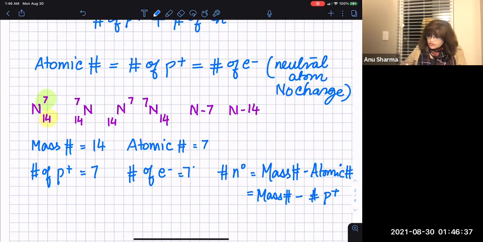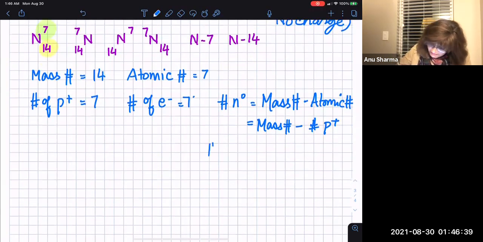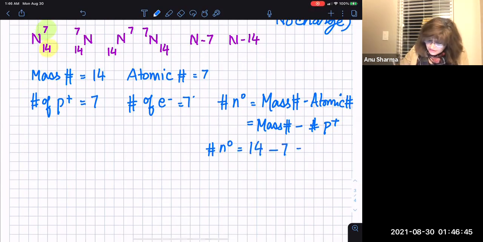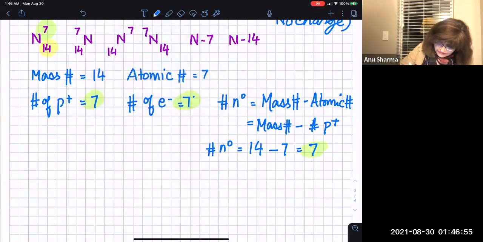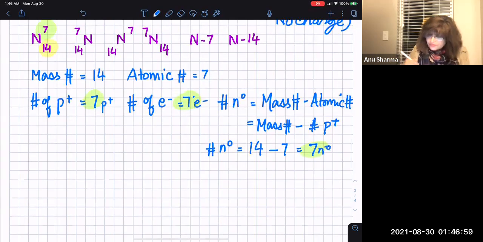Mass number is 14 minus the atomic number 7. So the number of neutrons comes out to be 7. Okay, so here is the main thing. Let's write this down here. This is the protons, this is the electrons, and that is the neutrons.